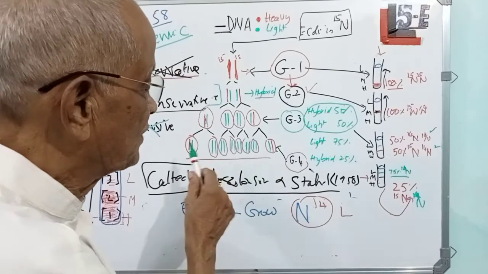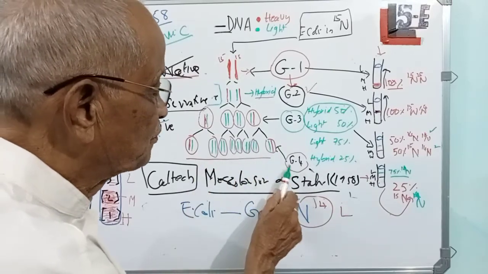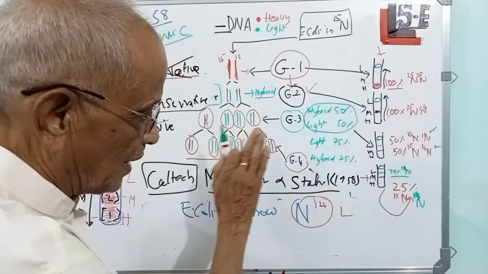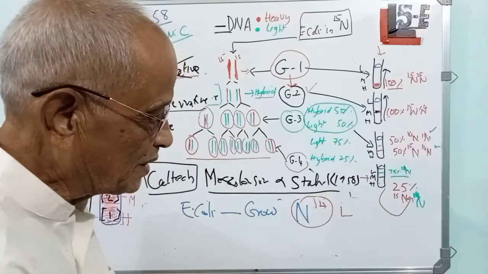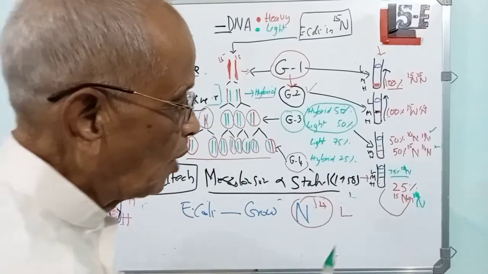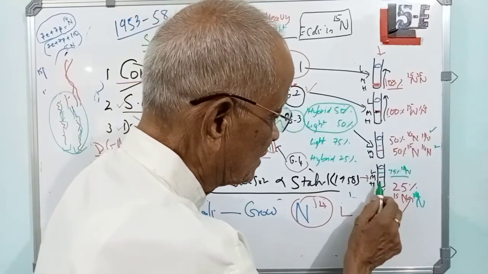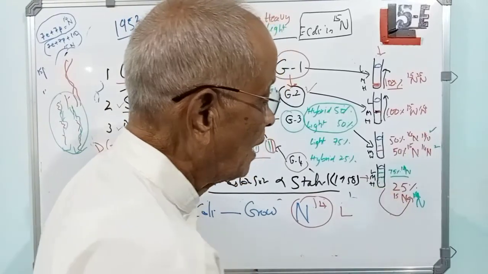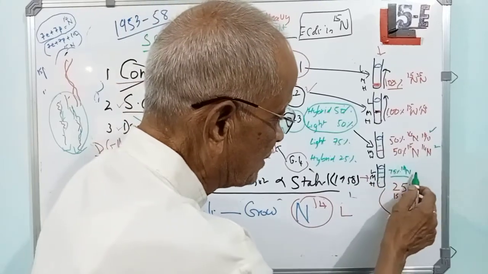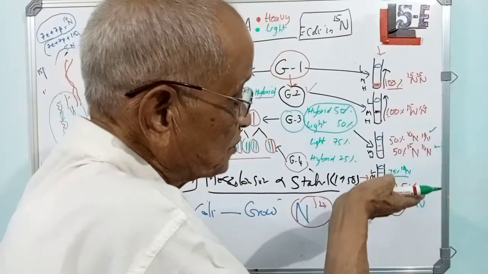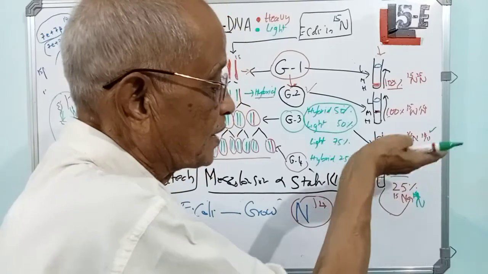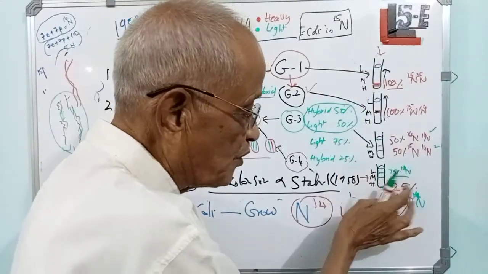Like that, they analyzed the fourth generation also. In the fourth generation, what they found was that the middle band was only 25%, and the rest, 75%, was on the lighter side, but there was no heavy one.